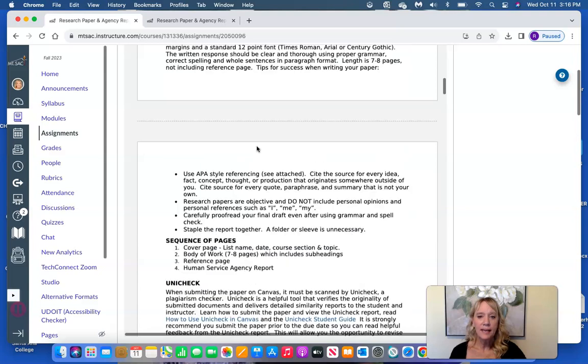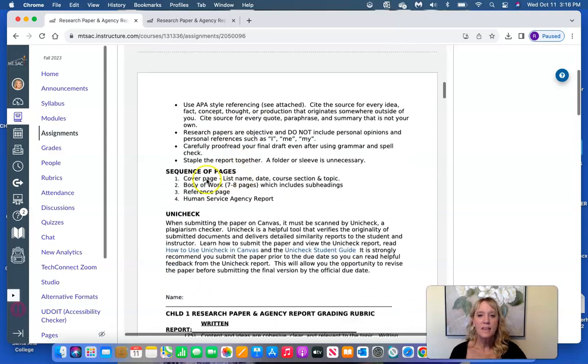So APA would be right here, the sequence of pages. Make sure you have a cover page as page 1, and it just lists your name, date, and then course. You can use a title, or you can use the same topic that we have, research paper and agency report. That's okay. So just have all of that for the first page.